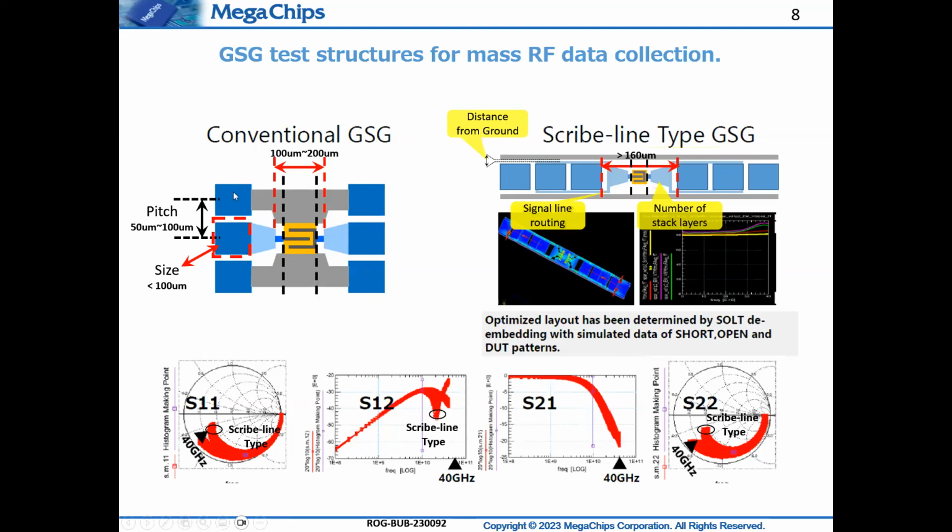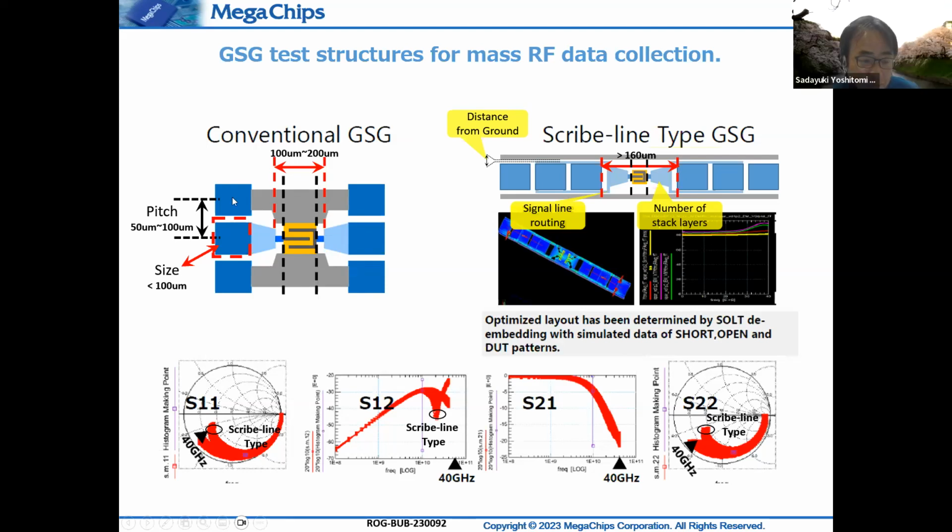There is an interaction between the pads, and if you have a pad of the neighbors very close to the transistor we want to measure, there is a field coupling generated from the probe.